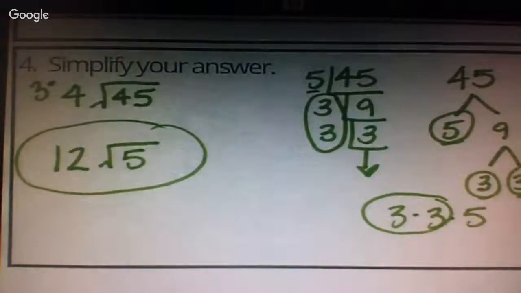So if I would have finished with 2 times 3 times 3 times 5, I still can only group in 2's. So that goes out front and multiplies with the 4. So that's still 12. And then left over, I have a 2 and a 5. Well, 2 times 5 gives me 10. So back underneath the square root would be your 10 then. Whatever is left over multiplies together and goes back underneath the radical.